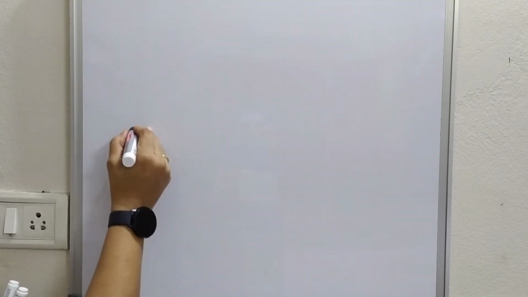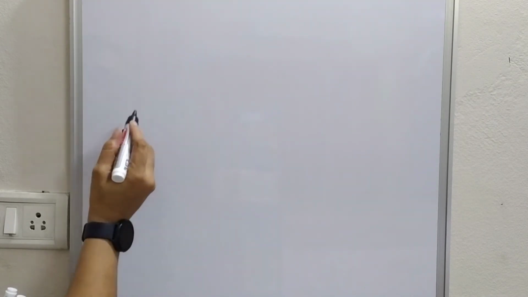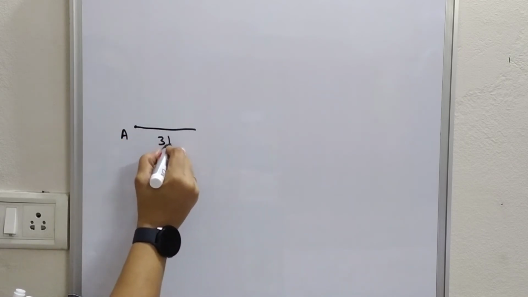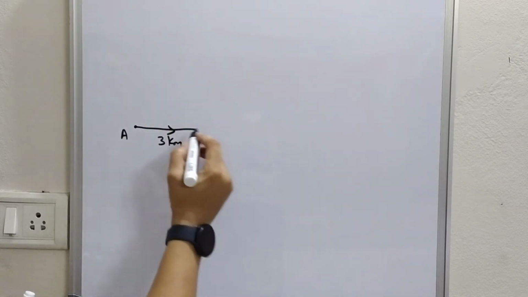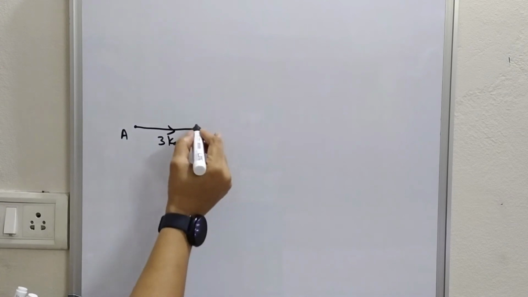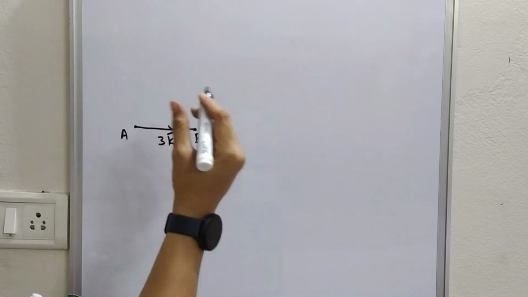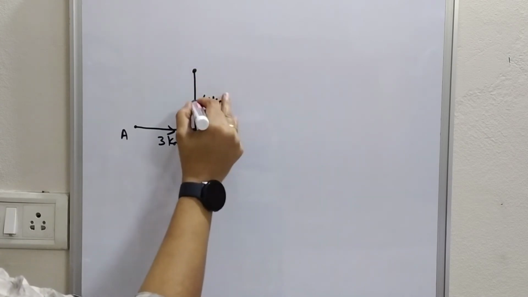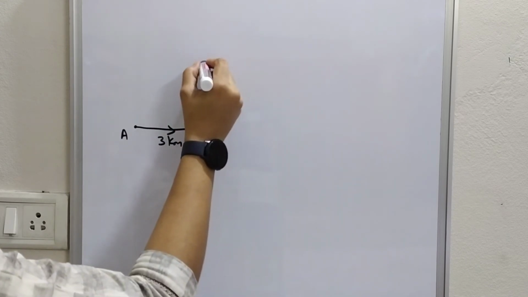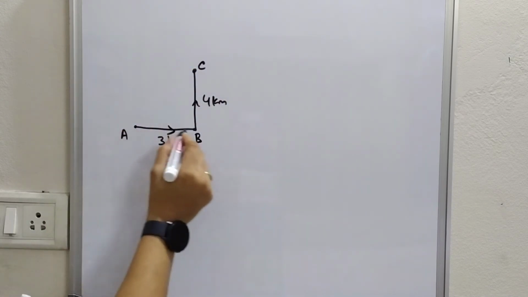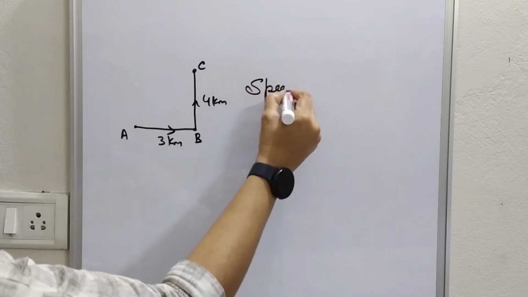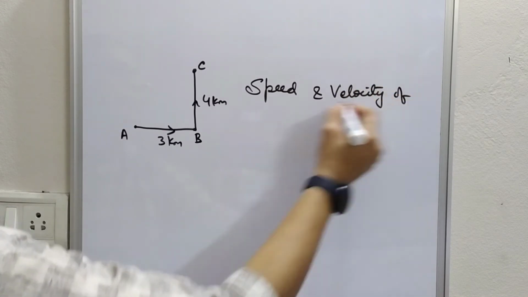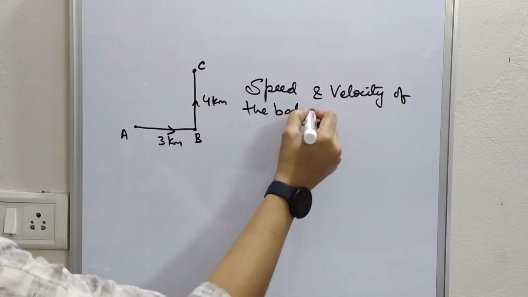So let us consider a point A. A body or an object or a particle at point A travels, say, 3 kilometers east to a point B. And after reaching B, the same particle or object travels 4 kilometers north of B to a point C. Now, in this journey, what is the speed and what is the velocity of the body? So this is the question.